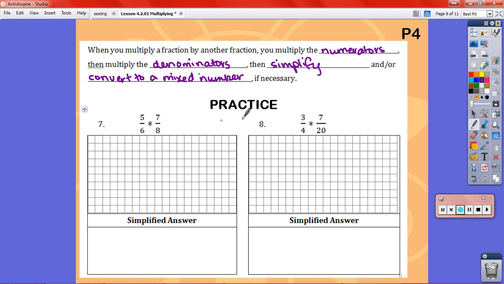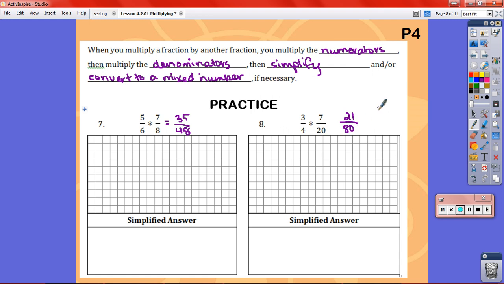So, for your practice, I'm just going to quickly, 5 times 7 is 35, and 6 times 8 is 48. And that can't actually be simplified. Right. 3 times 7 is 21, and 4 times 20 is 80.